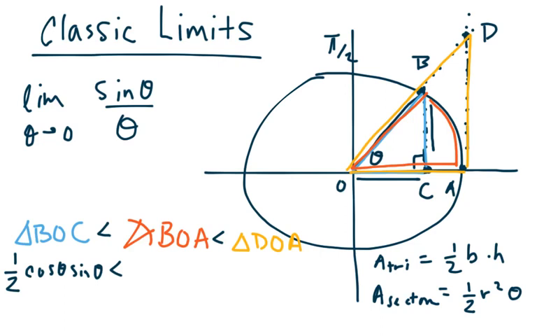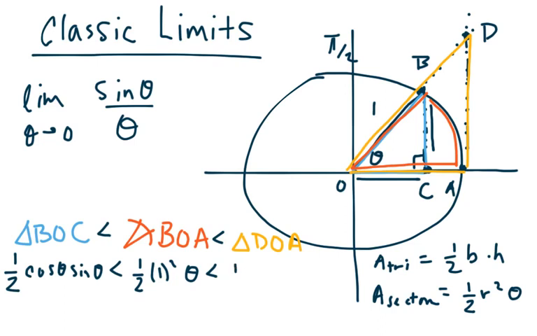And that's less than the area of the sector BOA. Well, if we use the area of the sector formula, 1/2 r squared theta, r is 1 because we're talking about the unit circle here. So we would have 1/2 times 1 squared theta. And that in turn is less than the area of triangle DOA, which again we use the area of a triangle formula 1/2 base times height.